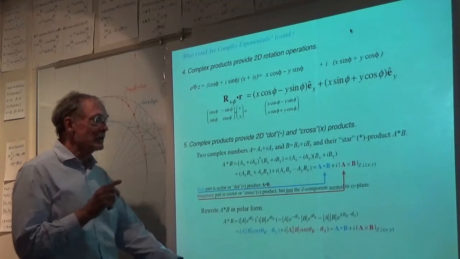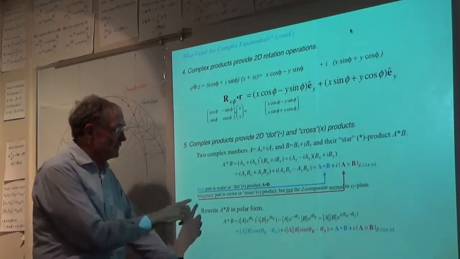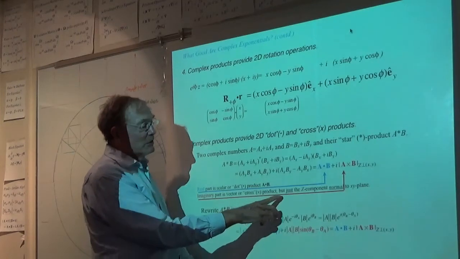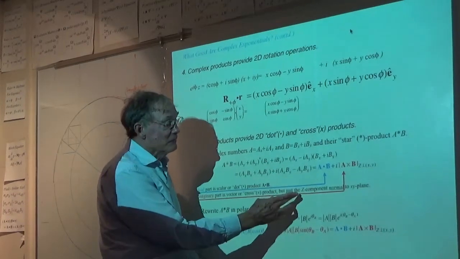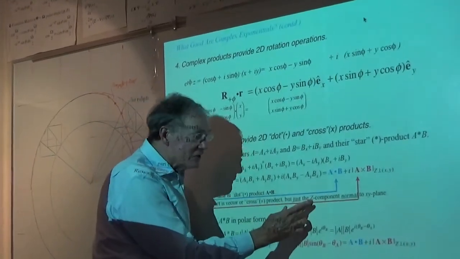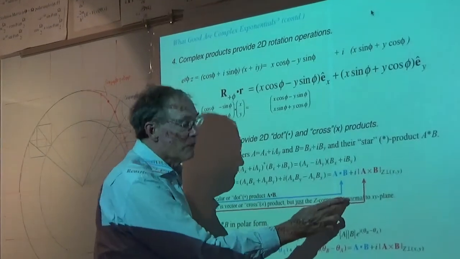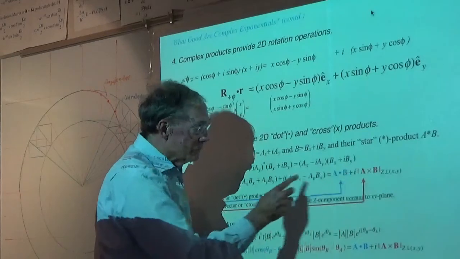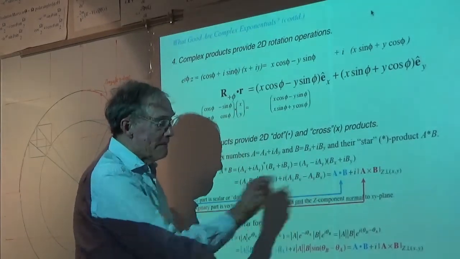And that little trick we'll be doing a little bit here. The imaginary part is a vector or cross product, but we're just taking the Z component normal to the XY plane in what we write here, you see.